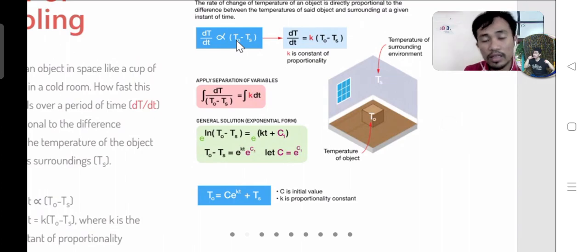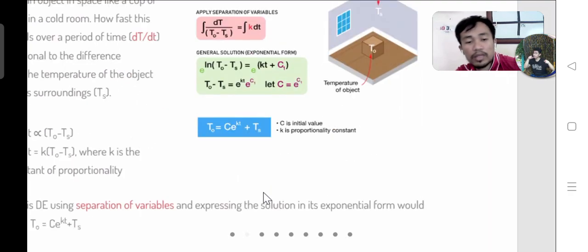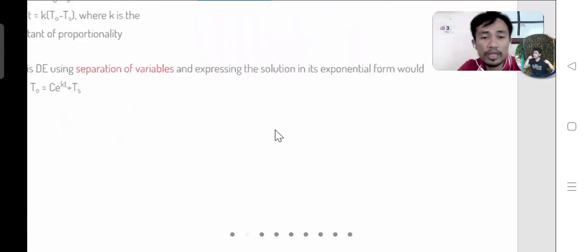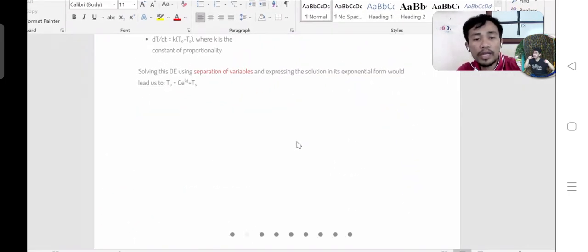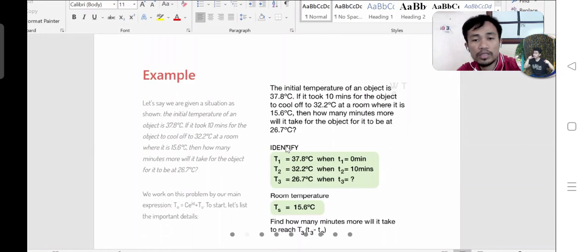And we know that e exponent c is a constant C. So here is the final formula: T of time given is equal to C e to the kt plus Ts. So using the formula, let's try to solve this problem.